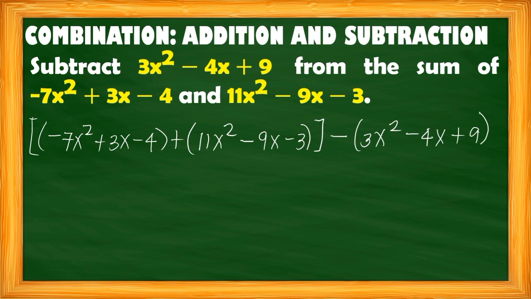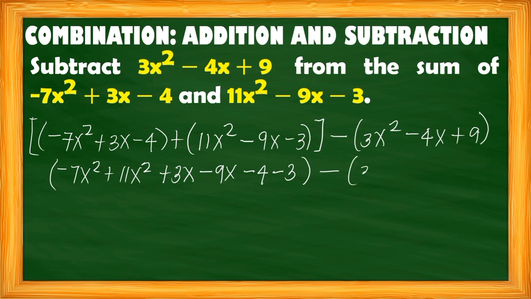So, dito muna tayo sa una. So, combine like terms, negative 7x squared plus 11x squared. Ayan ang magkamukha. Next, plus 3x minus 9x. And then, minus 4 minus 3. And then, minus 3x squared minus 4x plus 9.